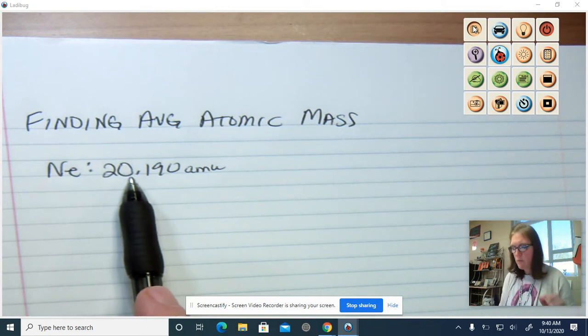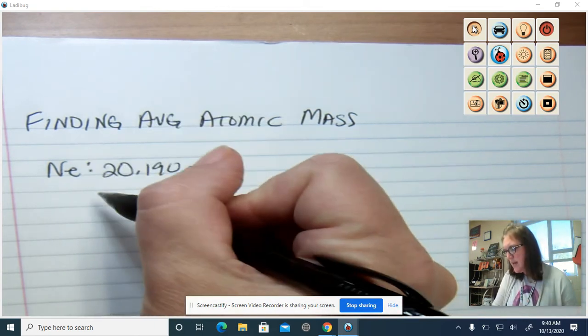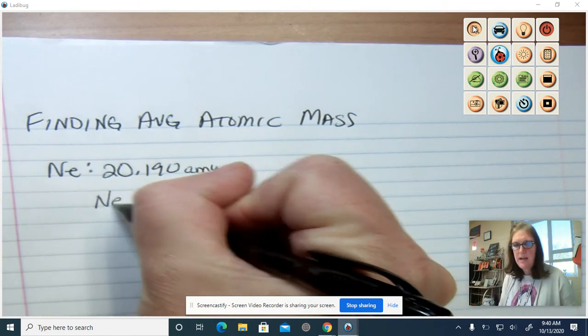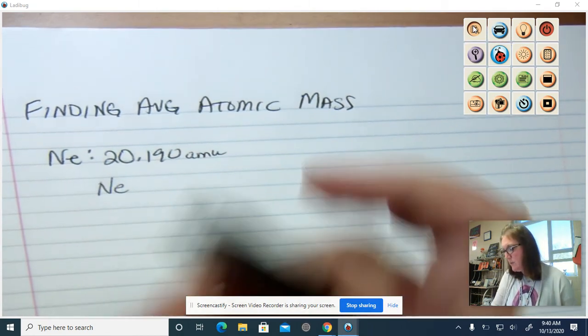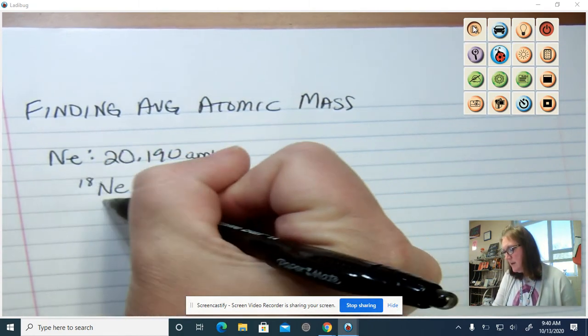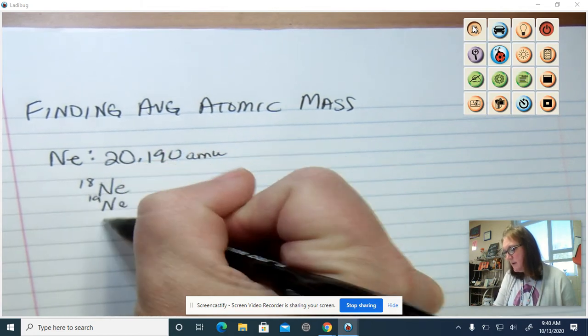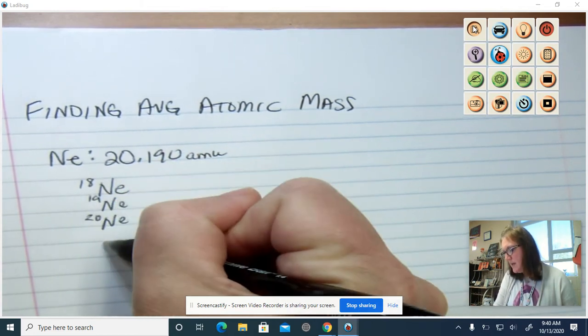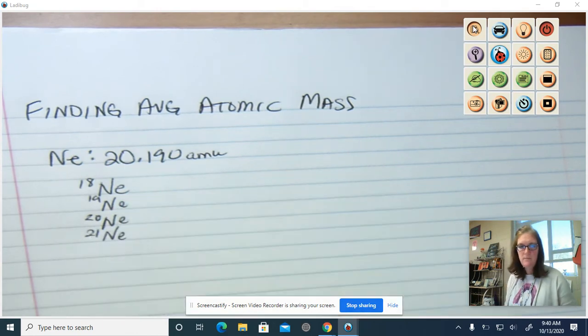So I am totally going to make up random numbers here, but let's just say that neon is actually made up of 4 different isotopes. Let's say we have neon 18, neon 19, neon 20, and neon 21. Let's say those were the 4 isotopes of neon found in the universe.